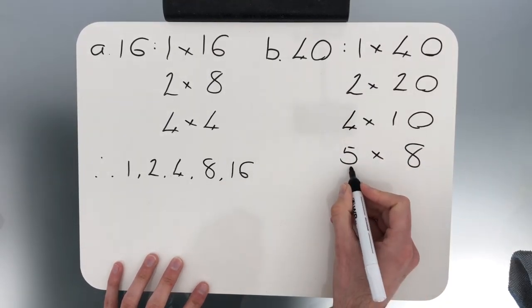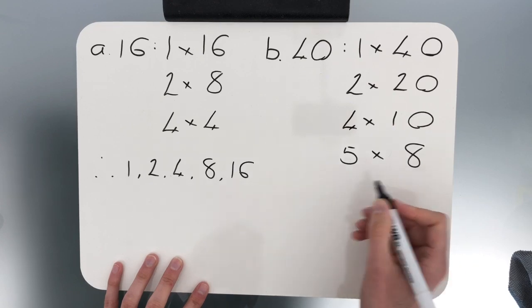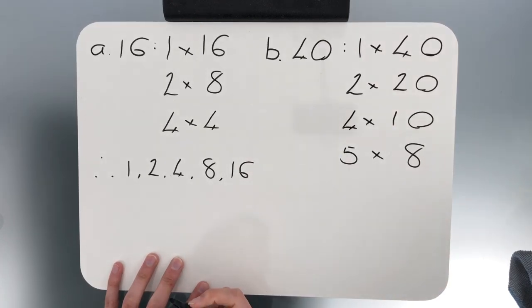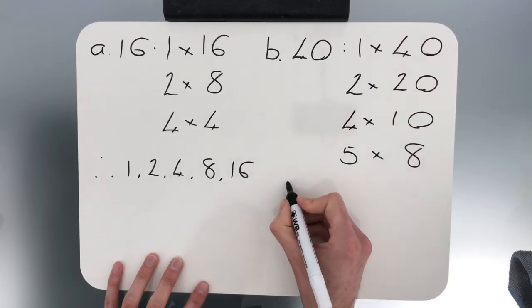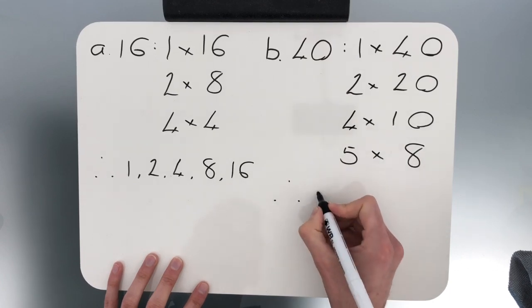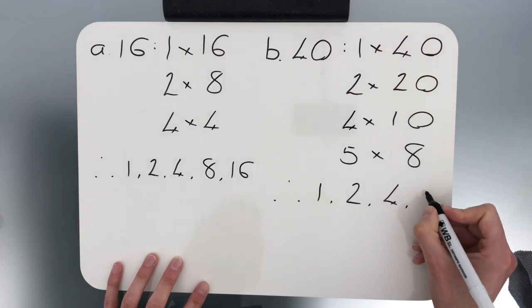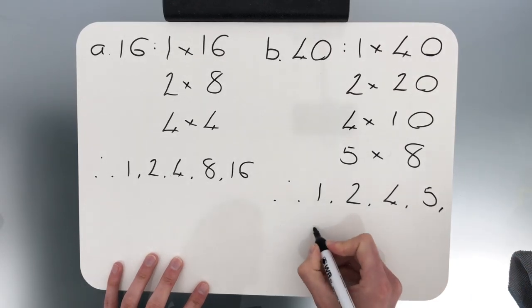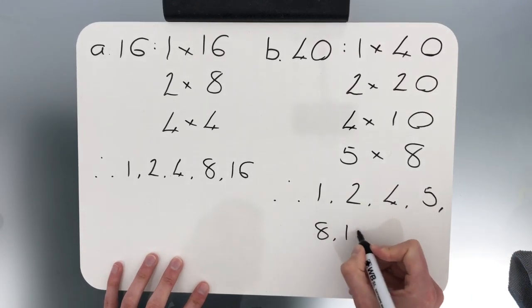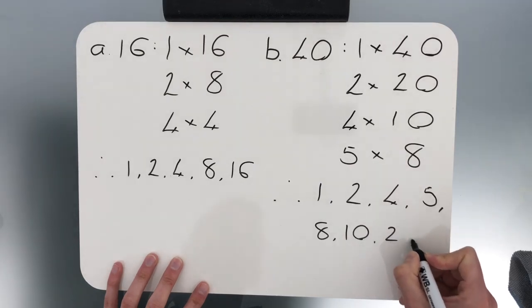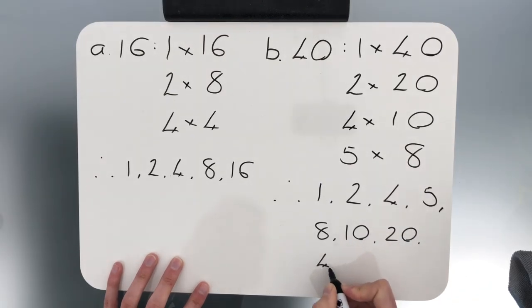And then if you look, between 5 and the number 8, we have 6 and 7, neither of which divide exactly in. So therefore, we write them in the list. We have 1, 2, 4, 5, 8, 10, 20, and 40.